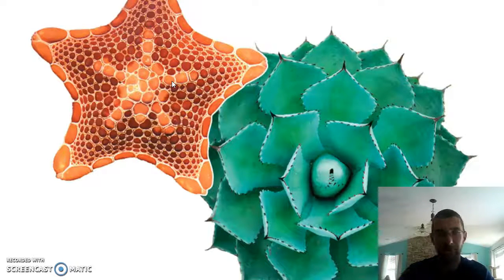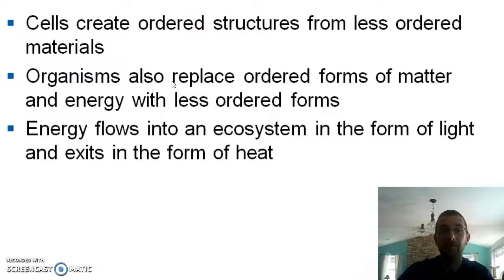This plant or cactus or whatever we have has organized molecules like carbon dioxide into really complex things like glucose and cellulose and amazing fibers. But these don't violate the laws of thermodynamics because we've got energy flowing into our ecosystems from the sun. The Earth is not a closed system. It is powered by the sun.